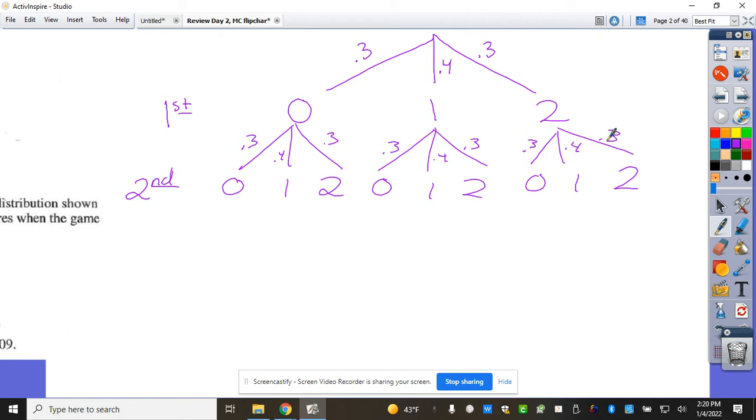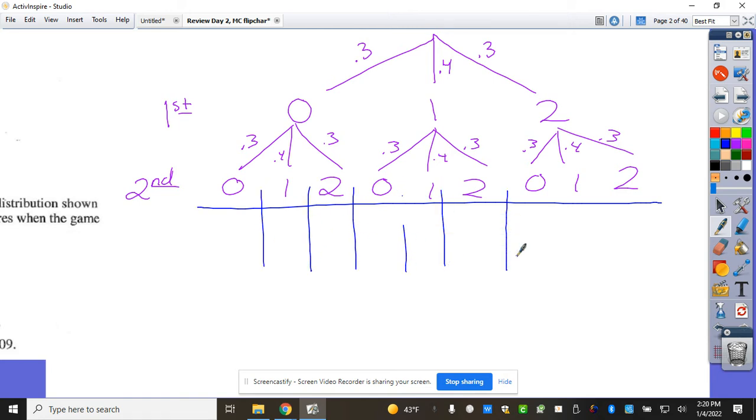So on my first path over here, what's the total amount of points that I could have had on my first path? 0. On my next path, it would be 1, and then 2, and then 1, 2, 3, 2, 3, 4. So that's just my sum of points, that's my y.